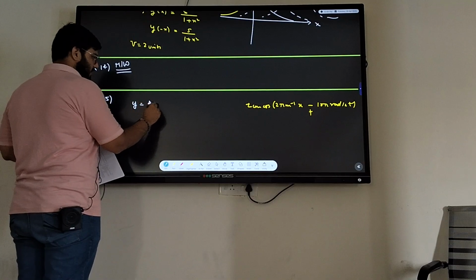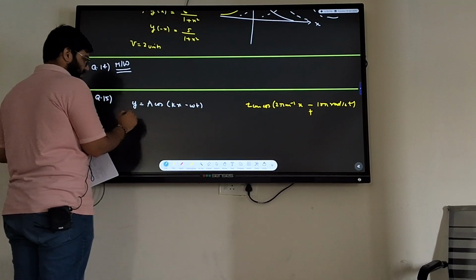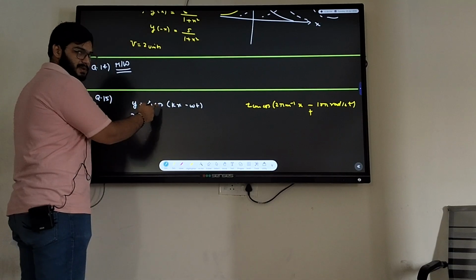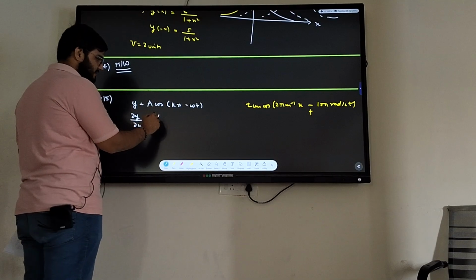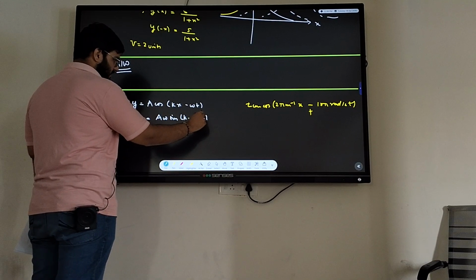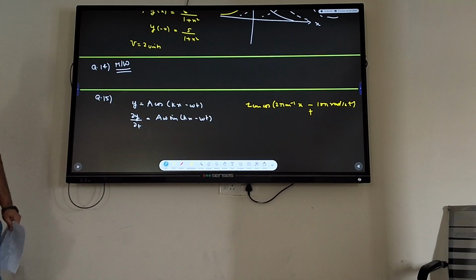If I take a cos kx minus omega t as you have taken, then del y by del t will be a omega sin kx minus omega t. Then at t equal to 0 and x equal to 0, are you getting del y by del t to be less than 0, or equal to 0?